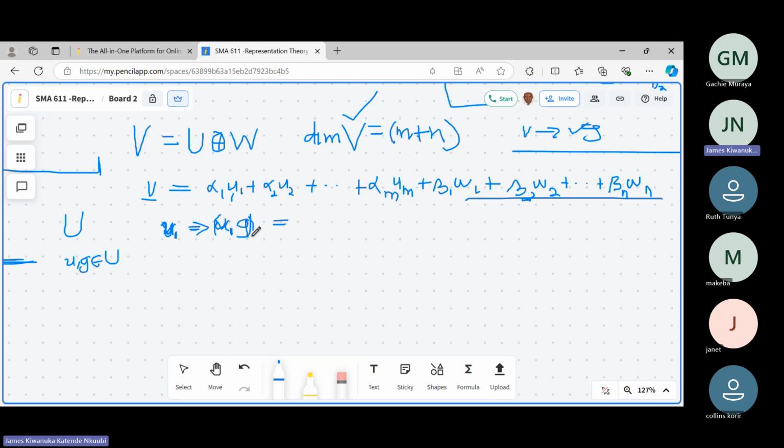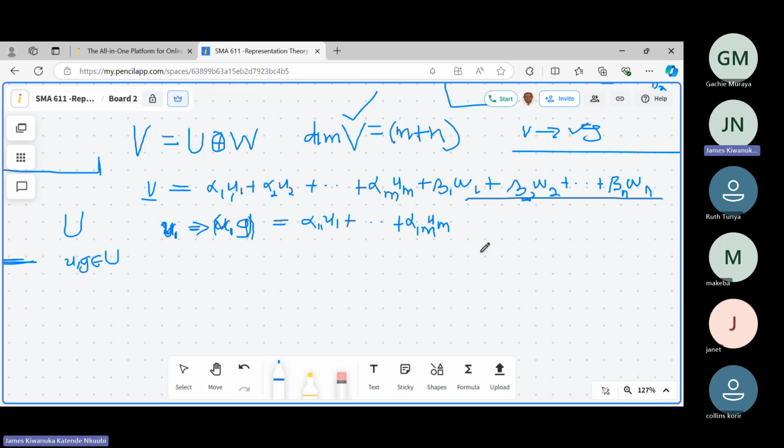So this image can be written as a linear combination. Let's now say alpha 1 1 U1, and this will run all the way up to alpha 1M UM.